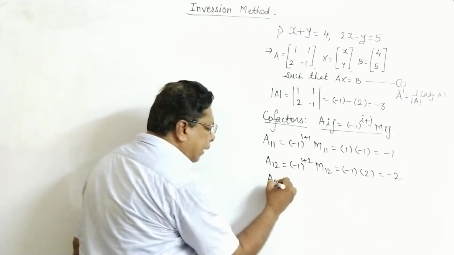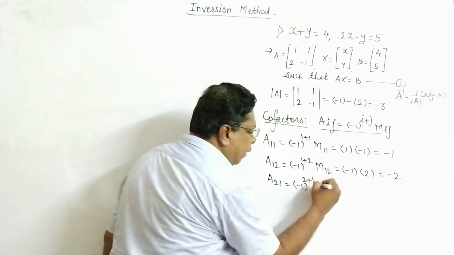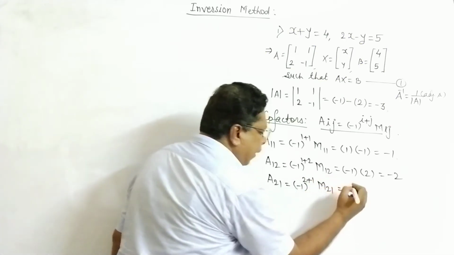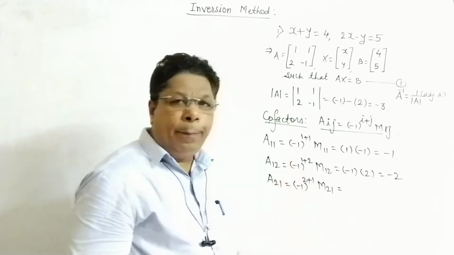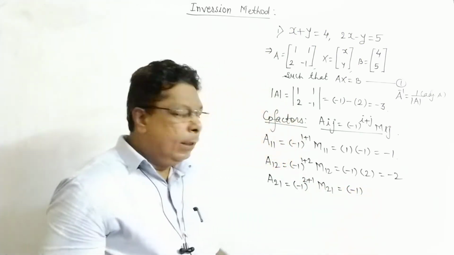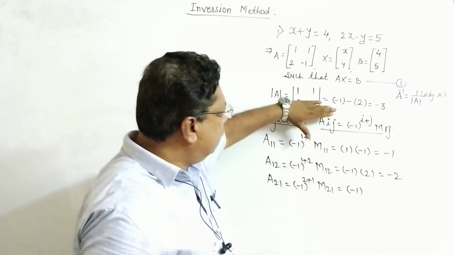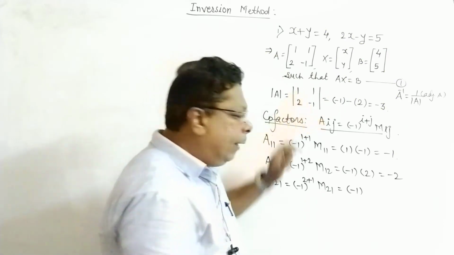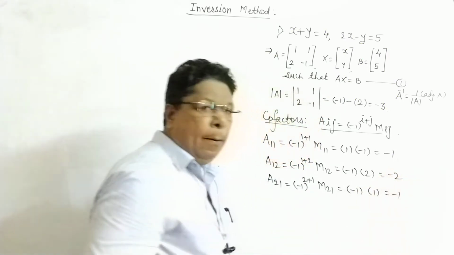Next cofactor A21 is minus 1 raised to 2 plus 1, M21. Minus 1 raised to 3 is minus 1. M21, minor of A21, second row first column removed, the remaining element is 1. Minus 1 into 1 is minus 1.